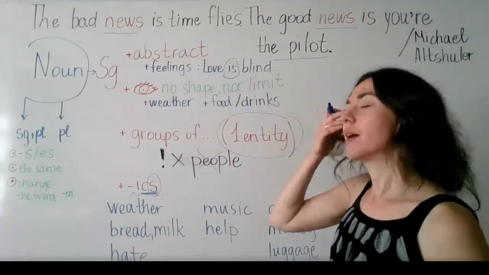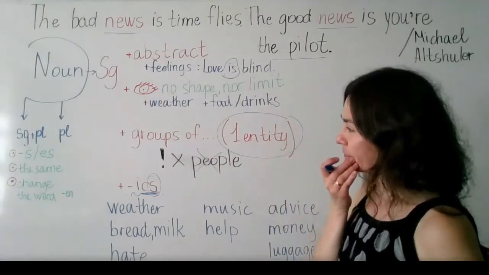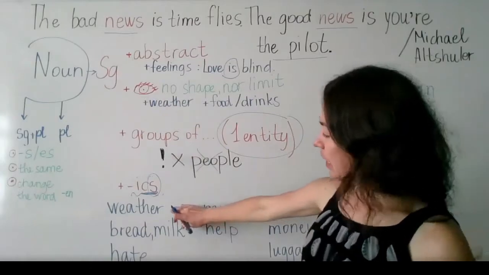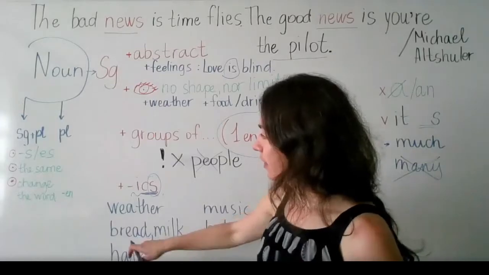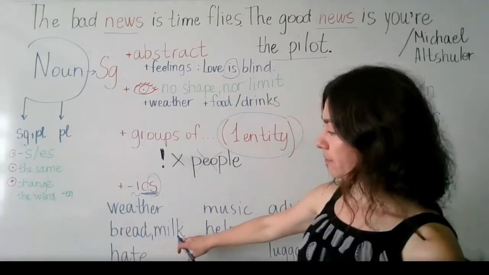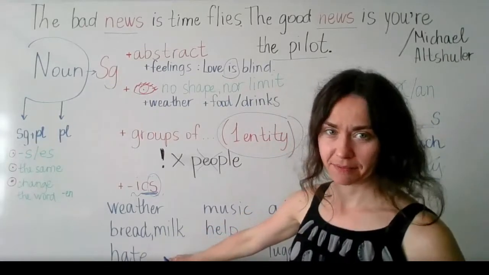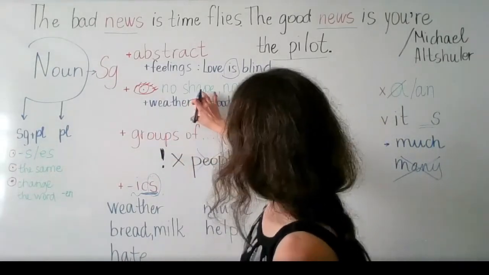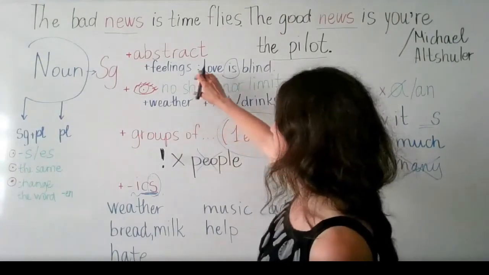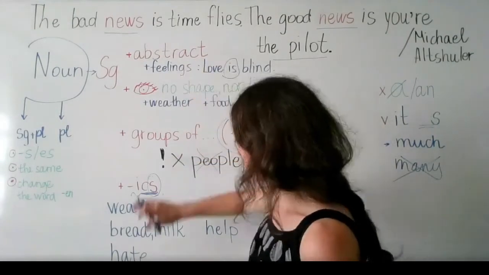Now, how do we make a sentence? Let's see. The weather is too bad to eat bread or drink milk. I hate it. Now you see we have these nouns, no shape, no limit. You have feelings, abstract noun, hate.